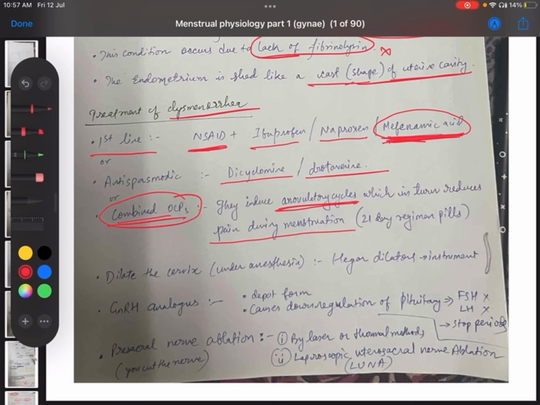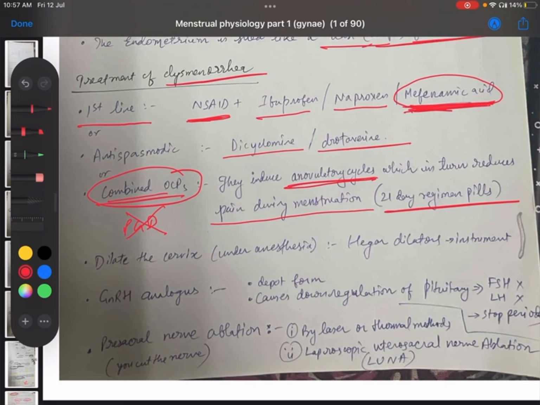Because as there is no ovulation taking place, I mean basically no rupturing of the follicle, prostaglandin won't be released. As a result, if the prostaglandins are not released, uterine contraction won't take place, so no pain. That is, dysmenorrhea won't take place. So it's a 21-day regimen pill basically.